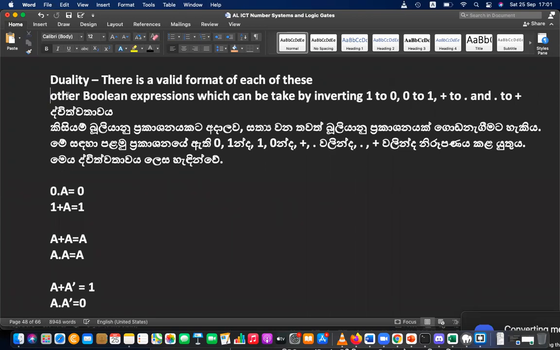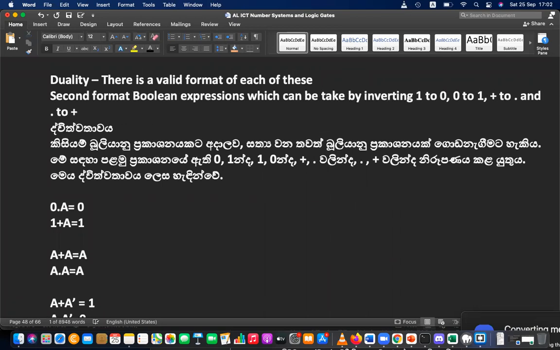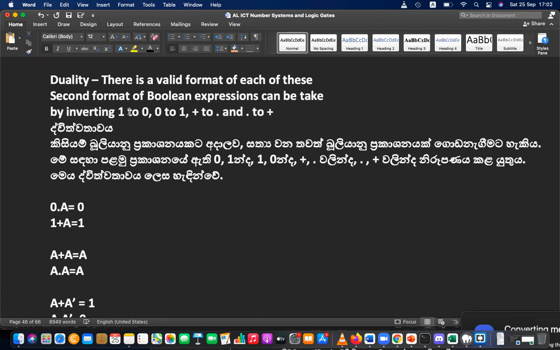So we can say the second format of Boolean expressions can be taken by inverting 1 to 0, 0 to 1, plus to dot, and dot to plus. Let's say you can remember something.